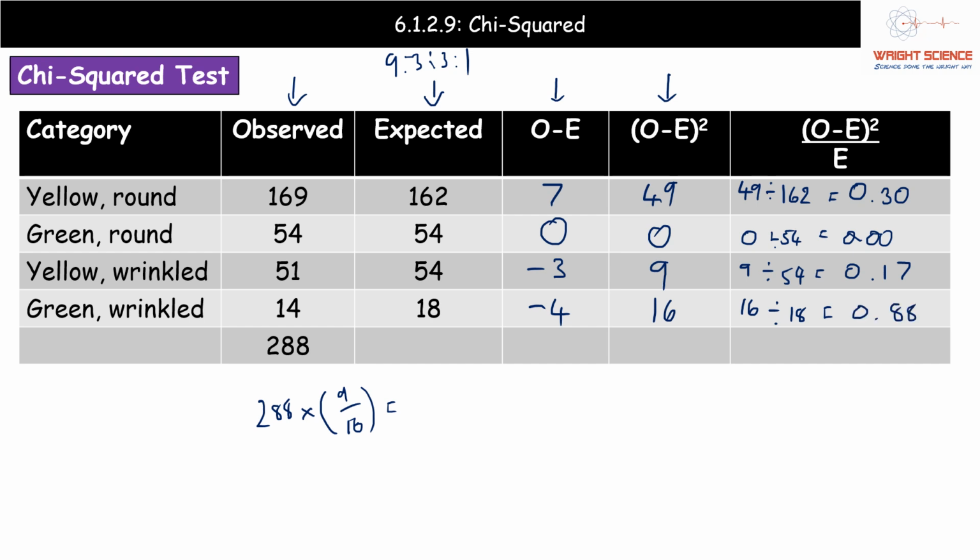So do notice how I've written all of my answers to the same number of decimal places in the table there as well. So think about our formula again. Once we've calculated O minus E squared over E, we then have to do the sum of. So we're going to add each of these, and that's going to give us a total of 1.35. So we've now calculated our value for chi-squared there.